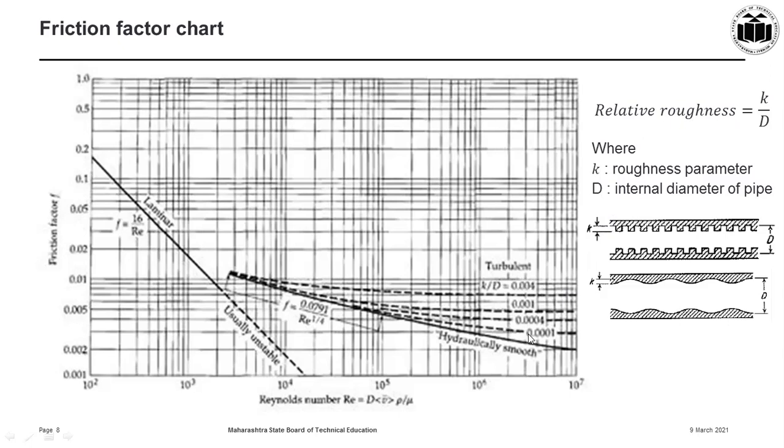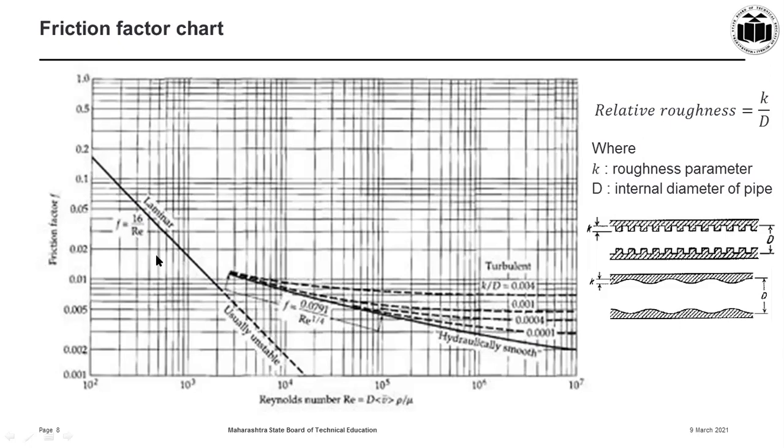Once the Reynolds number is determined, we can locate that value of Reynolds number, and if we draw a perpendicular till it intersects the line corresponding to the relative roughness, then that point of intersection can be used to find out the value of the friction factor, which can be read from the y axis. In case of laminar flow, you can see only a single line here, written f is equal to 16 upon NRe.